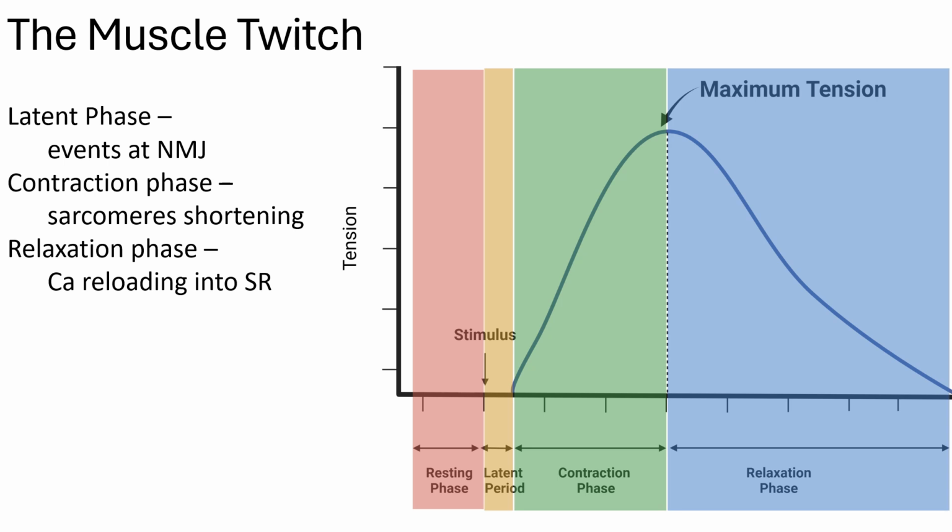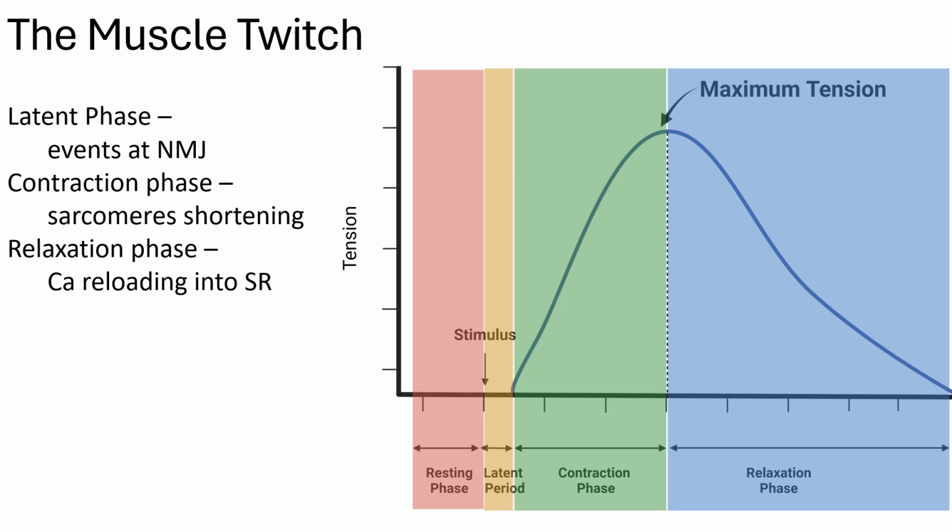So if we look at this graph, time is along the x-axis and tension is along the y-axis. What this graph is showing you is that after a muscle is stimulated, it builds tension to a maximum point, and then it loses that tension as it starts to relax.